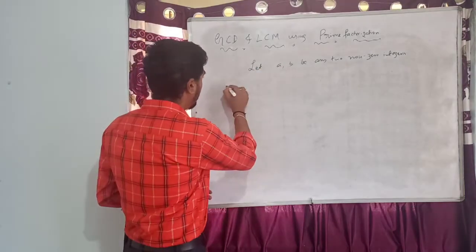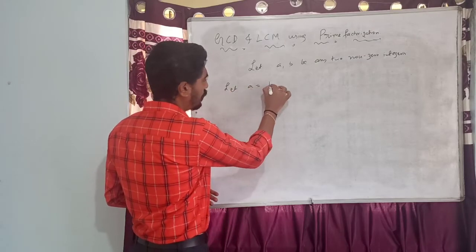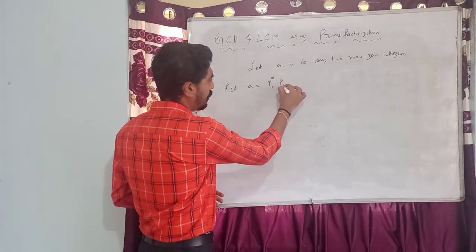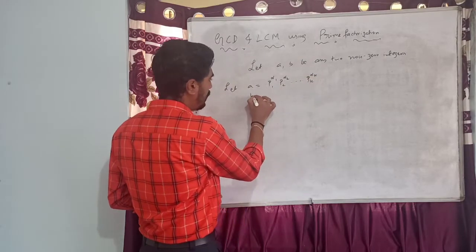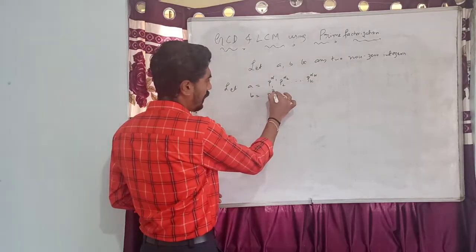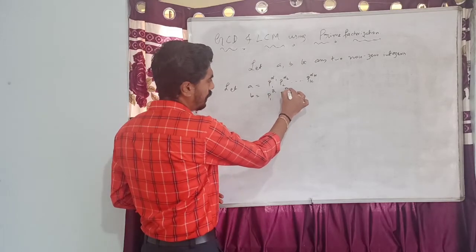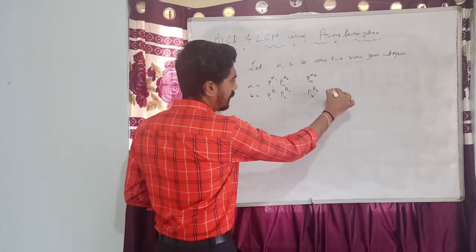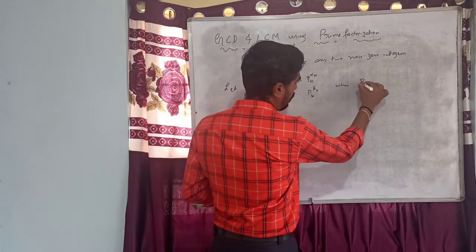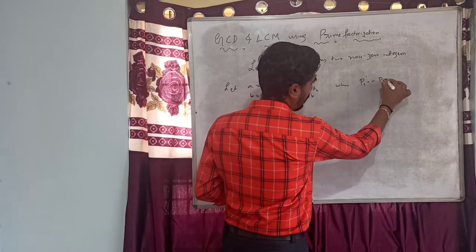So, let a equal p1 power alpha 1, p2 power alpha 2, etc., pk power alpha k, and b equal p1 power beta 1, p2 power beta 2, etc., pk power beta k, where the pi's are prime numbers.